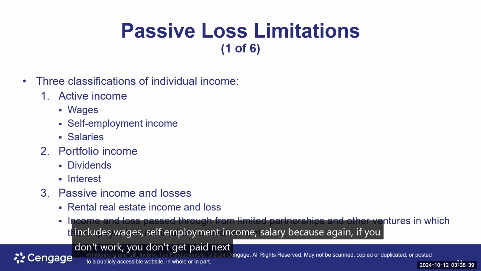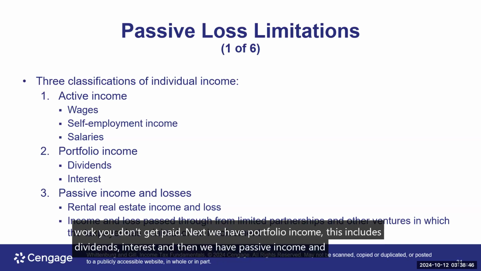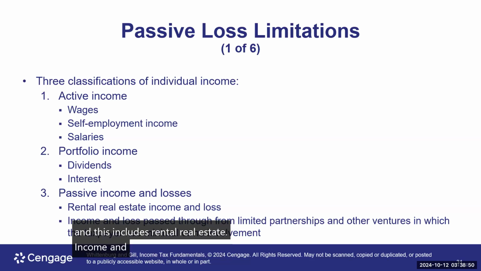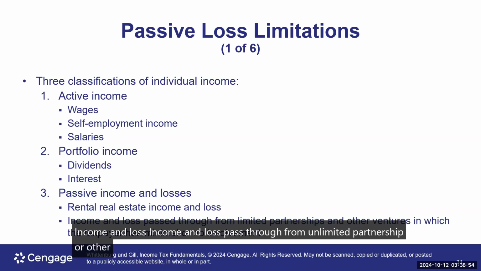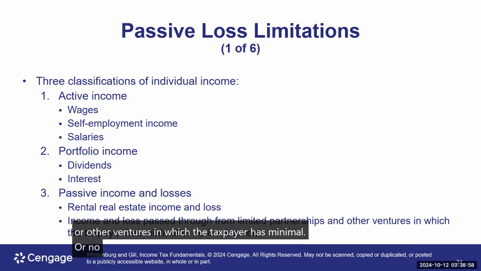Next, we have portfolio income. This includes dividends, interest, and then we have passive income and losses. And this includes rental real estate, income and loss passed through from a limited partnership or other ventures in which the taxpayer has minimal or no involvement.